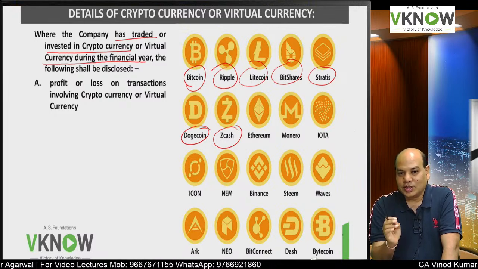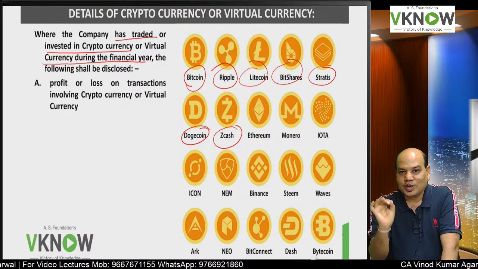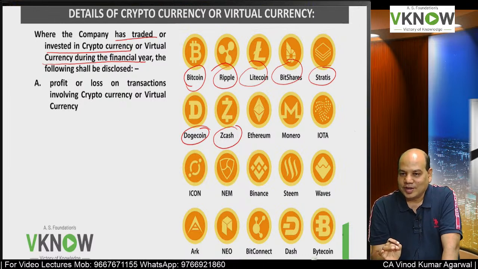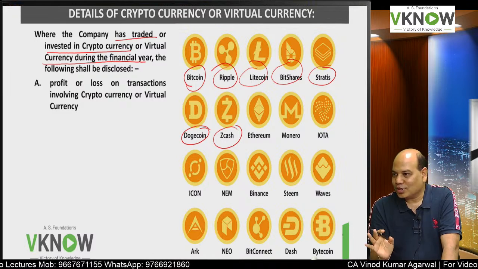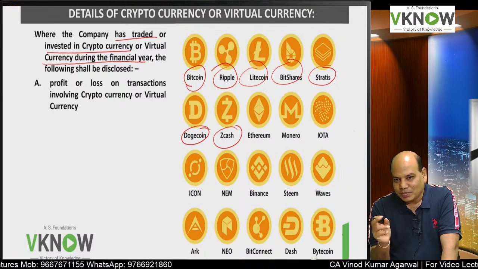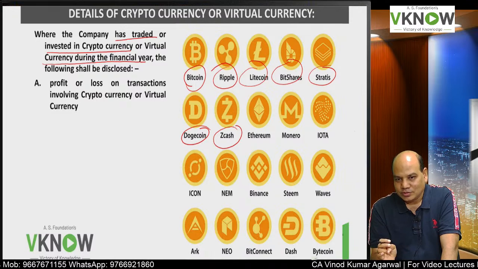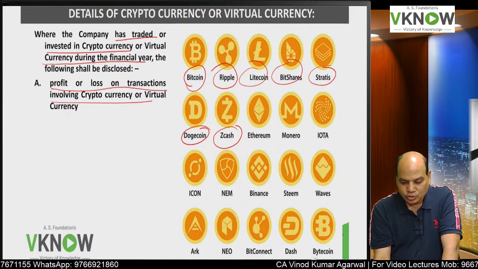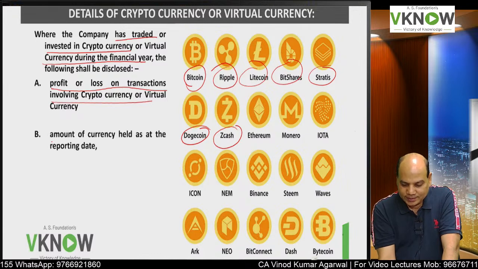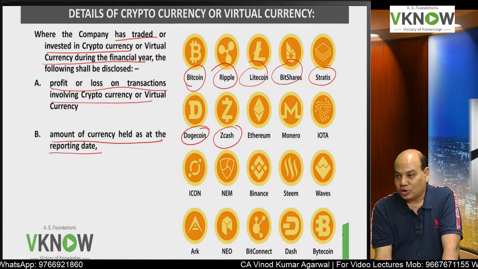Business is to sell steel, and P&L account contains profit from transaction in cryptocurrency. So then the investor will ask you the question, is it the purpose for which the company was formed? So profit or loss on transaction involving crypto or virtual currency, an amount of currency held on the reporting date.